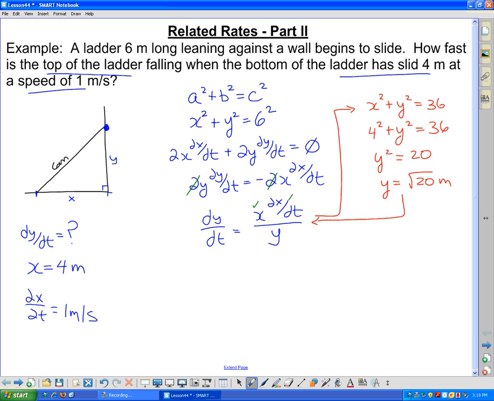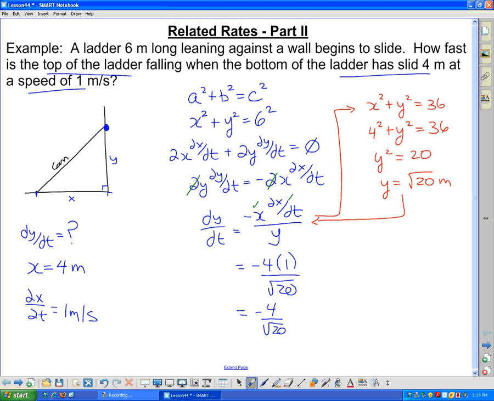That allows us to return back to our question and plug in all our information. So we're going to have 4 and 1 and square root of 20. And I noticed that I forgot to bring that negative down. So it should be negative x, negative 4. So we end up with negative 4 over root 20.